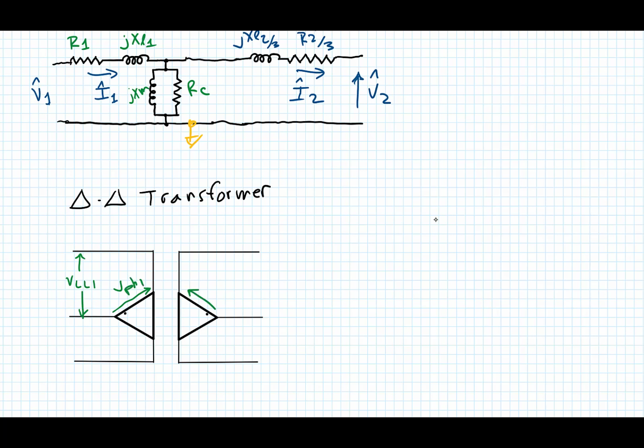We've got V phase 2 here, and we've got the V line to line 2 right here, I line 2, I line 1. There are phase currents, I phase 2.